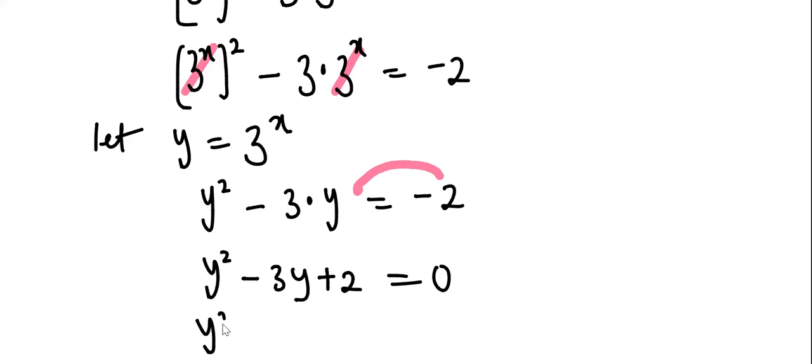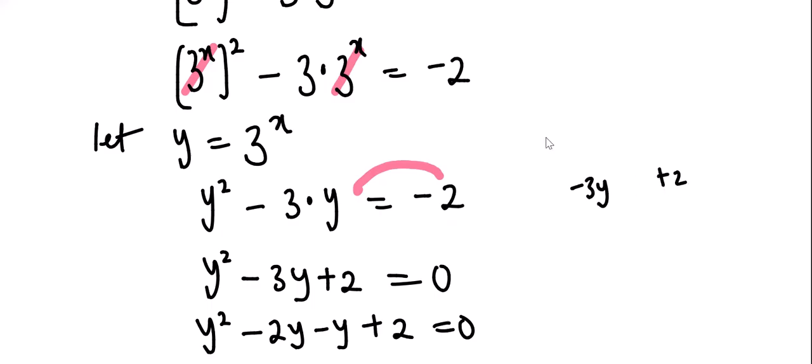So here I'm going to have y squared minus 2y minus y plus 2 equals 0. How do I get that? You look at, here we have negative 3y, we have positive 2. You look for numbers that when you add them together, you get this, and the product is going to give you this.